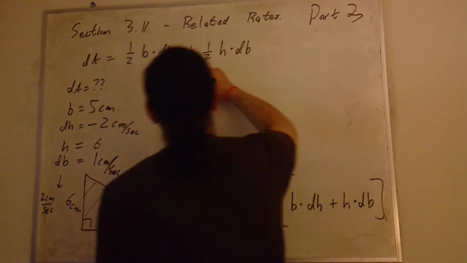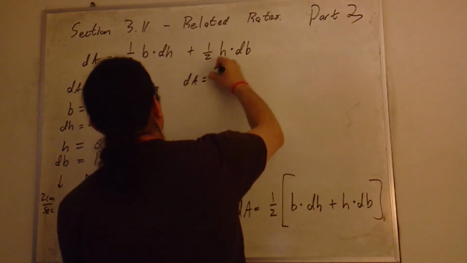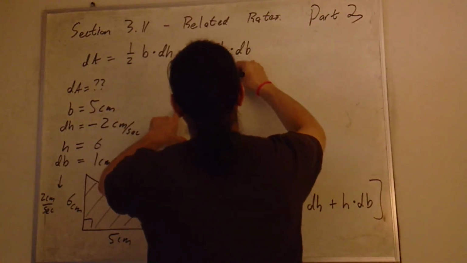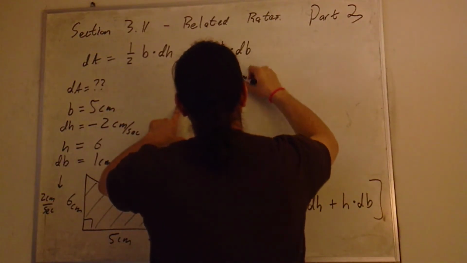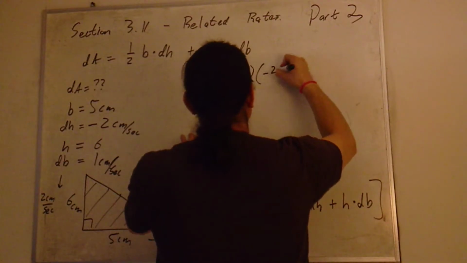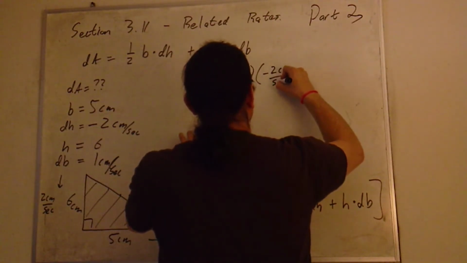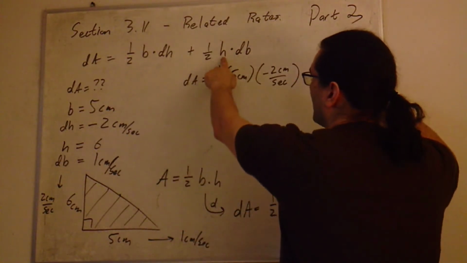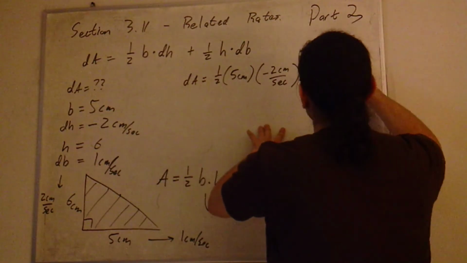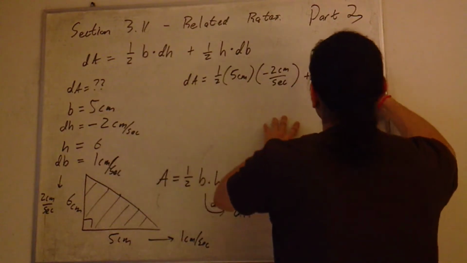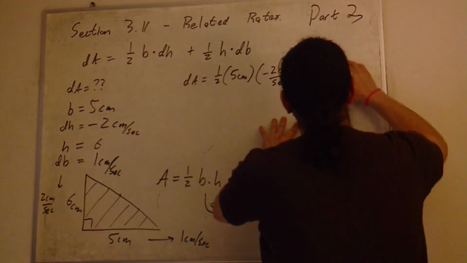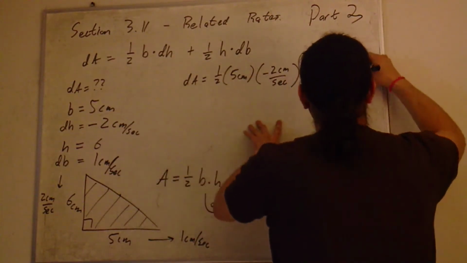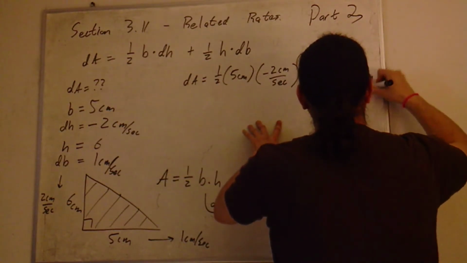So let's just do some math and see what we get. dA equals 1/2, we said the base was 5, times negative 2 centimeters per second, plus 1/2, the height is 6 centimeters, and db, the change in the base is positive 1 centimeter per second.